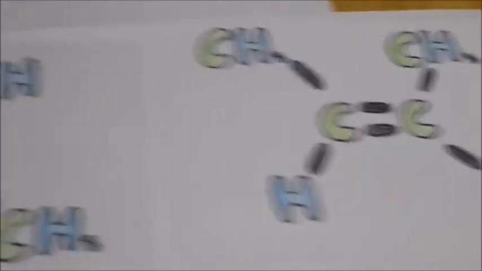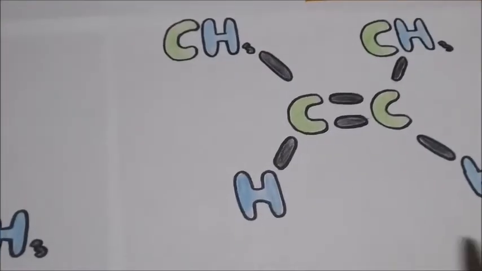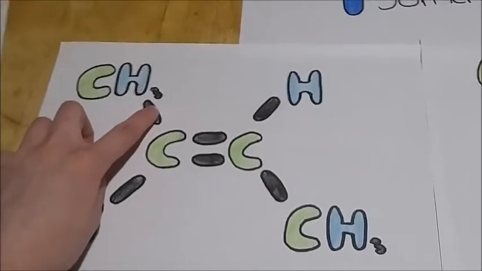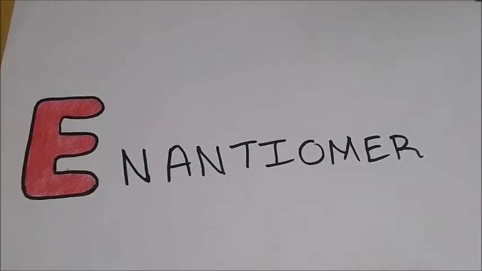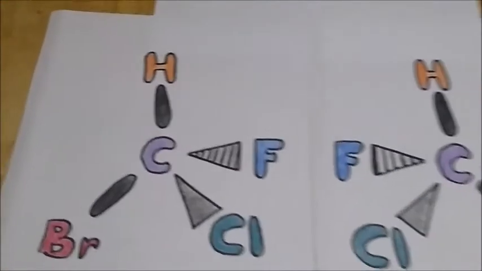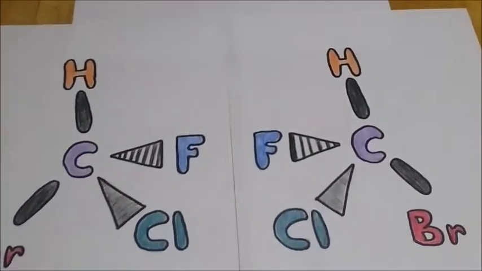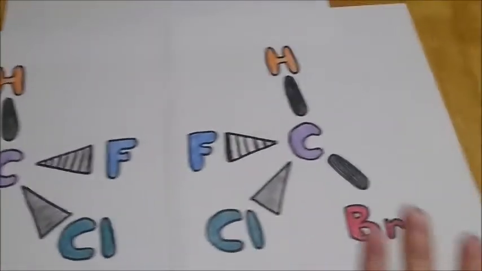As we can see, the hydrogen atoms change, as well as the CH3. Enantiomers are mirror images of each other. It is shown in these drawings. If we were to place a mirror, this drawing would be reflected and show this drawing.